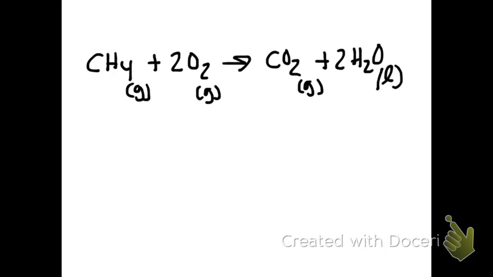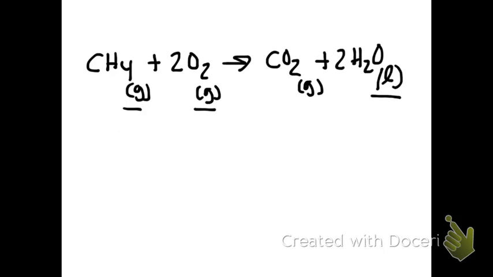Notice that on this side we have gases and we are creating a liquid. So just by that alone, we're going from a gas state to a liquid state, so the surrounding environment should become more ordered here.